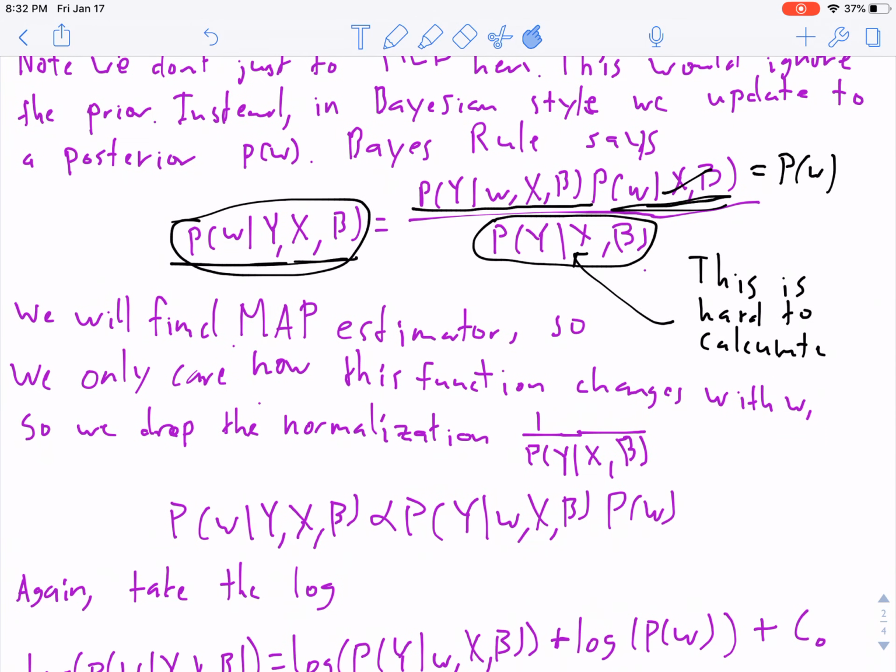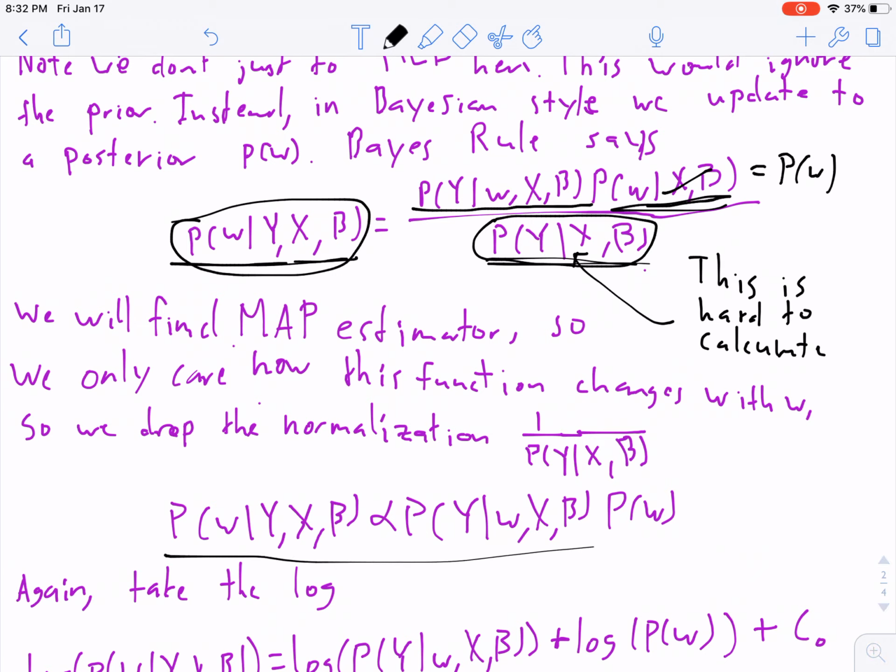This term on the bottom has no dependence on w, so we can just drop the normalization constant, probability of y given x and b, and that's a monotonic transformation. So if we just maximize the resulting function, dropping the normalization, then that'll get us the w that we want.